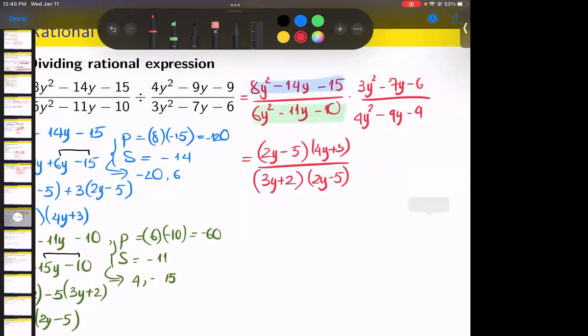For this one right here, I'm going to use guess and check. It is simple enough. So 3y squared, well, the only option you have is 3y and y, right? What about the negative 6?